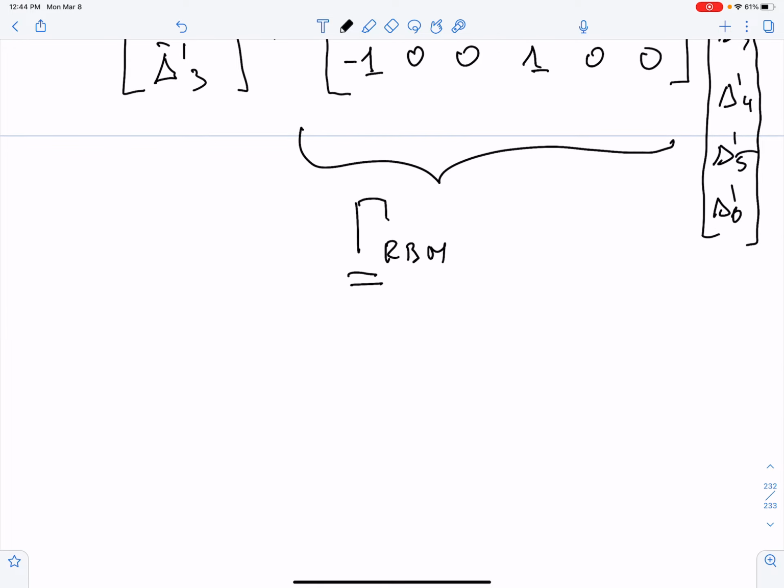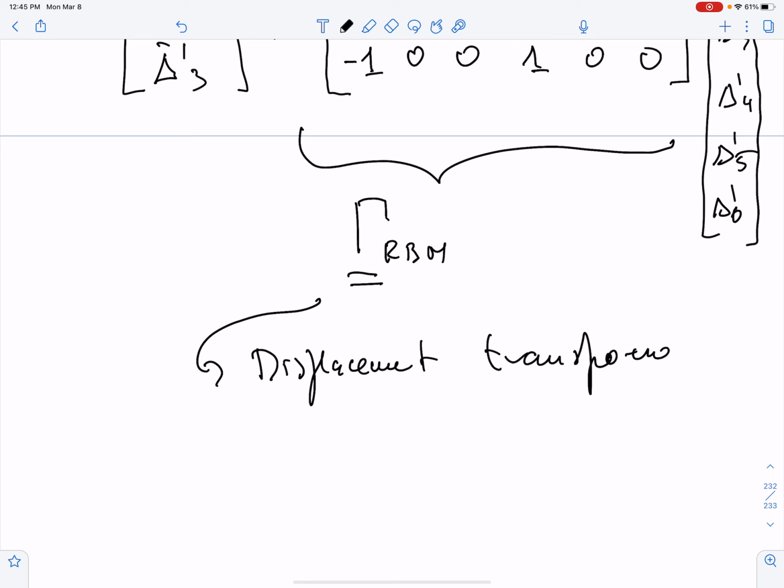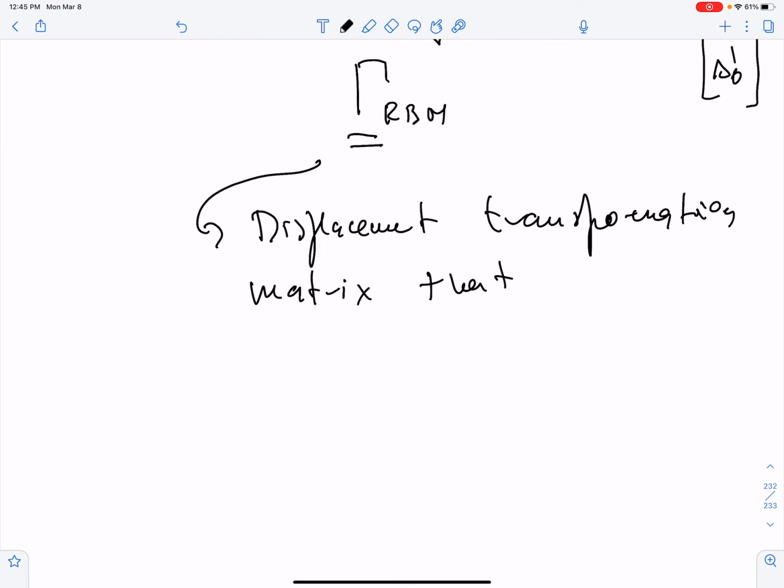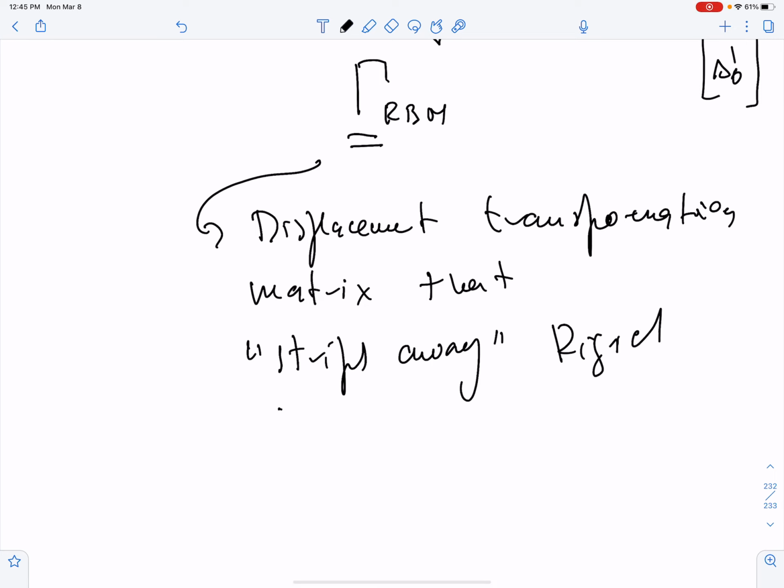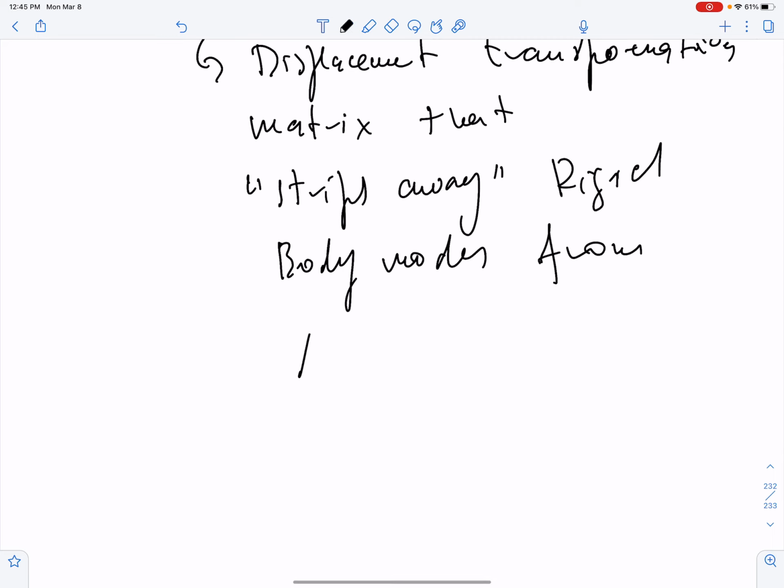So this is a displacement transformation matrix that strips away rigid body modes from a vector of element displacements in the local coordinate system.